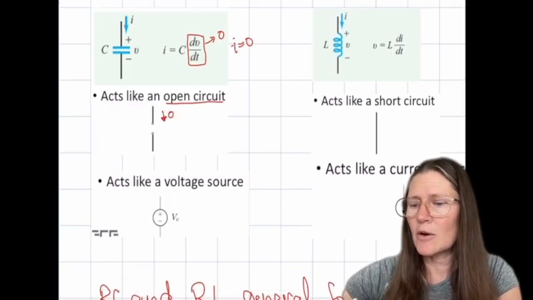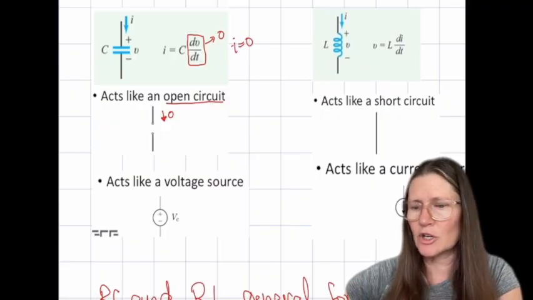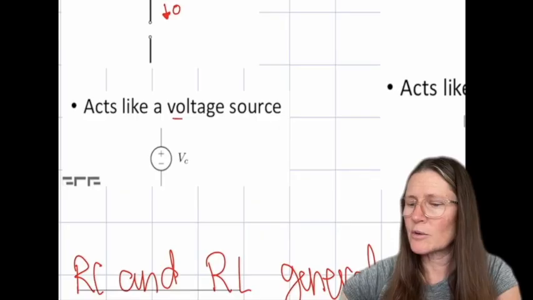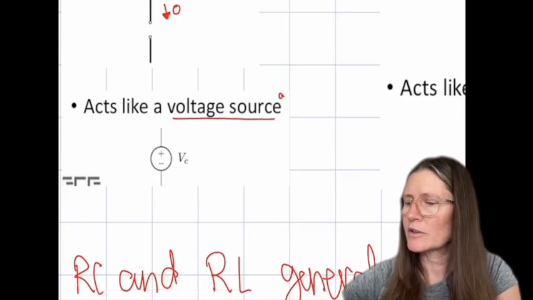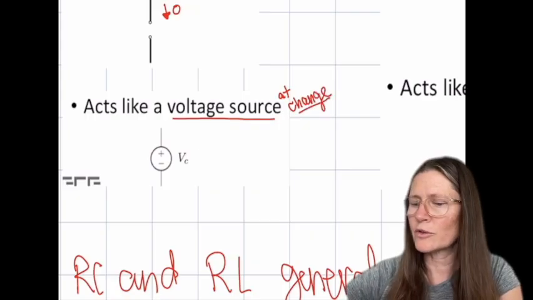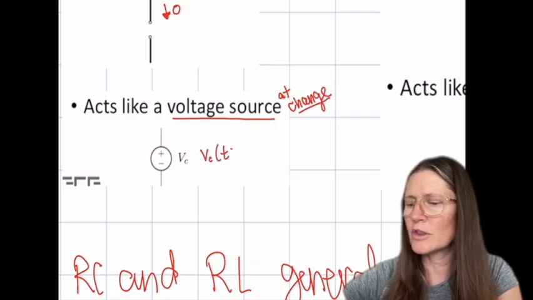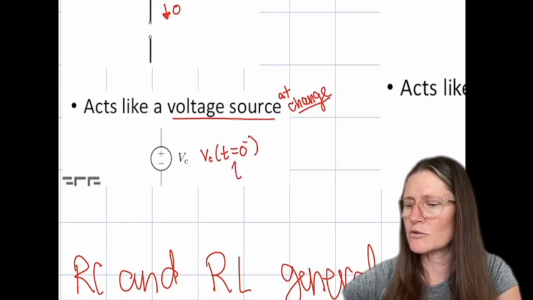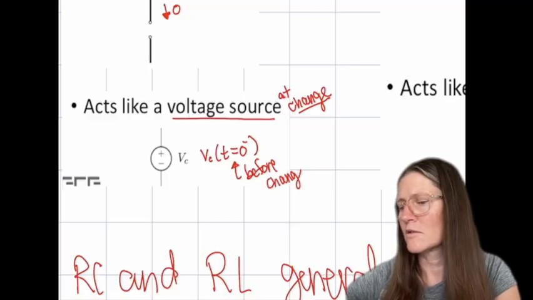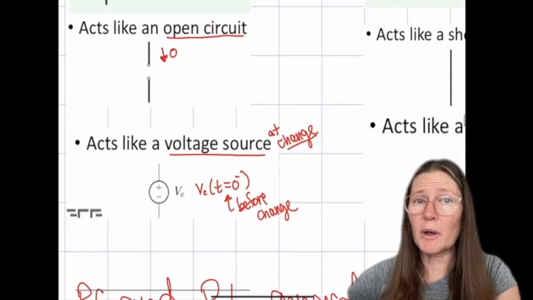And then right at the time of a change, it acts like a voltage source, and the value of the voltage source is the value right before the change. And this is for a capacitor.